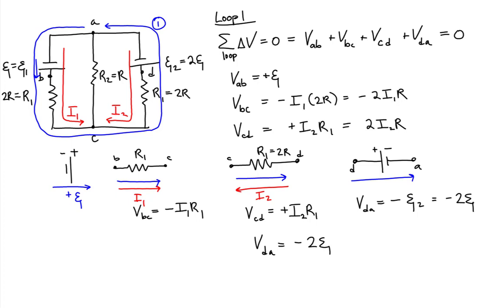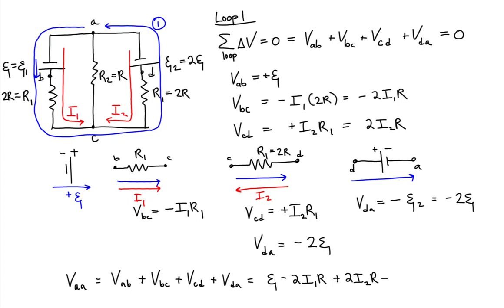And now let's look at Kirchhoff's law for that entire loop. So the potential difference from A back to A, remember, is the potential difference from A to B plus the potential difference from B to C plus the potential difference from C to D plus the potential difference from D back to A. This is equal to the EMF of battery 1 minus 2 times the current through resistor 1, R, plus 2 times the current through resistor 2, R, minus the EMF of battery 2, and this all sums to 0 for this complete loop that we are moving in.